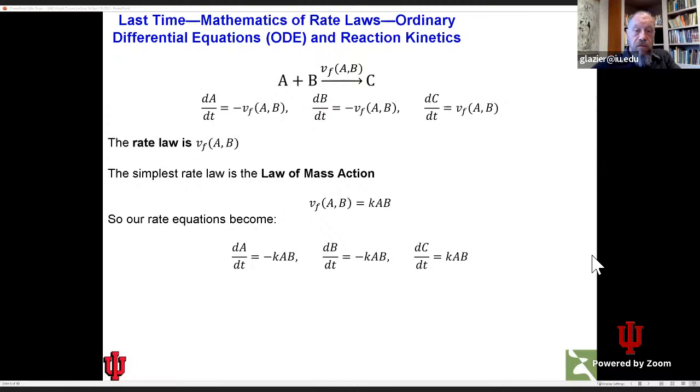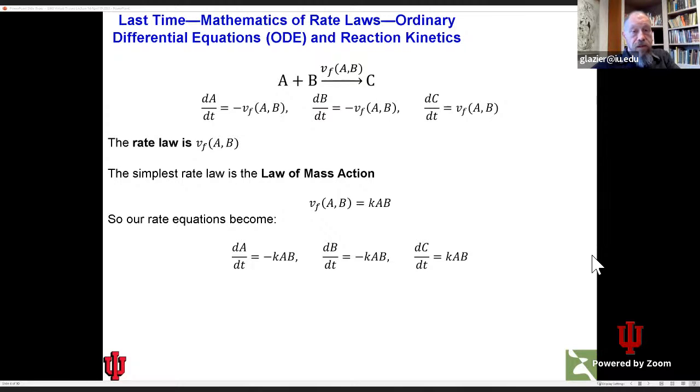We might want to know if we can say something about what the rate law is. In the case of a simple chemical reaction, we often assume something called mass action, which is that the rate's proportional to the amounts or concentrations of the components.